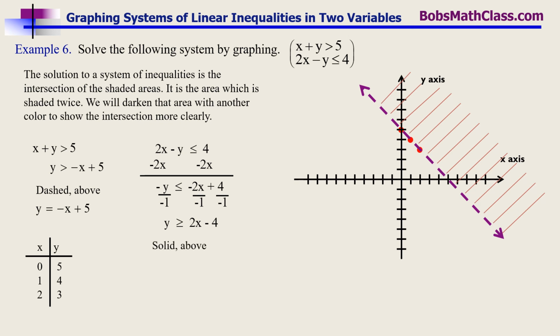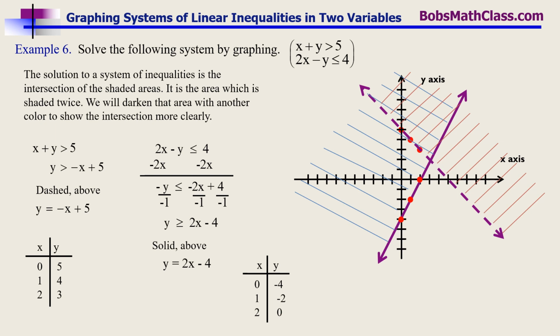We're going to do a solid line, and we're going to shade above it. We can pick 0, 1, and 2 this time. So negative 4, negative 2, and 0. Plot your points. And when you draw the line, it'll be a solid line. And then we're going to shade above that line.